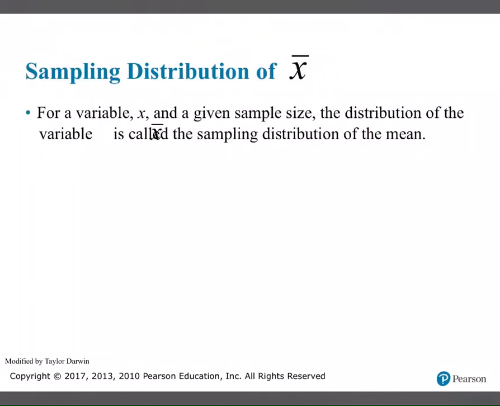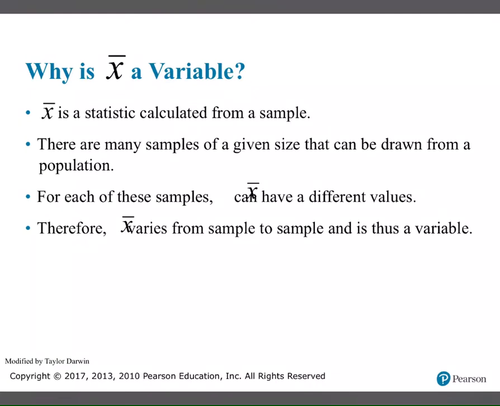So for a variable x and a given sample size, the distribution of the variable x bar is called the sampling distribution of the mean. Basically we're just using x bar to figure out what we can conclude about the population.